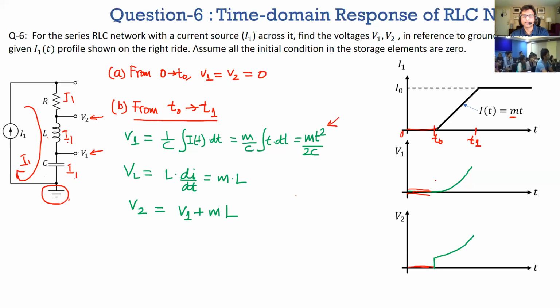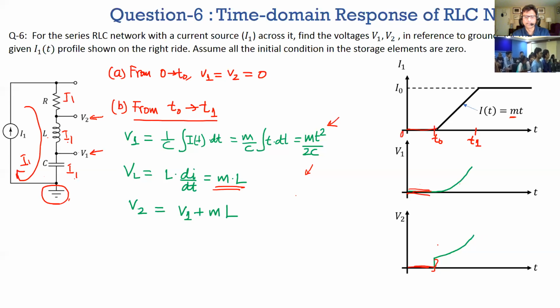Now VL is simple: it's the derivative of the current flowing through it. Since it's a constant slope, you get a jump here, and that jump is equal to mL. So V2 is this voltage plus the jump.